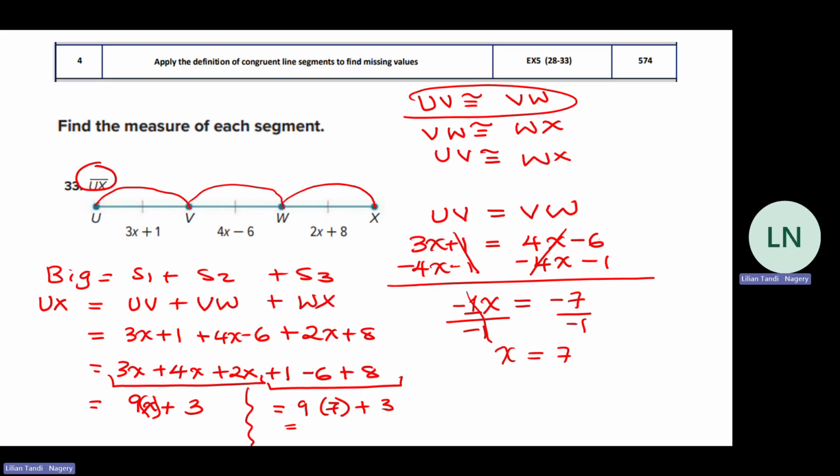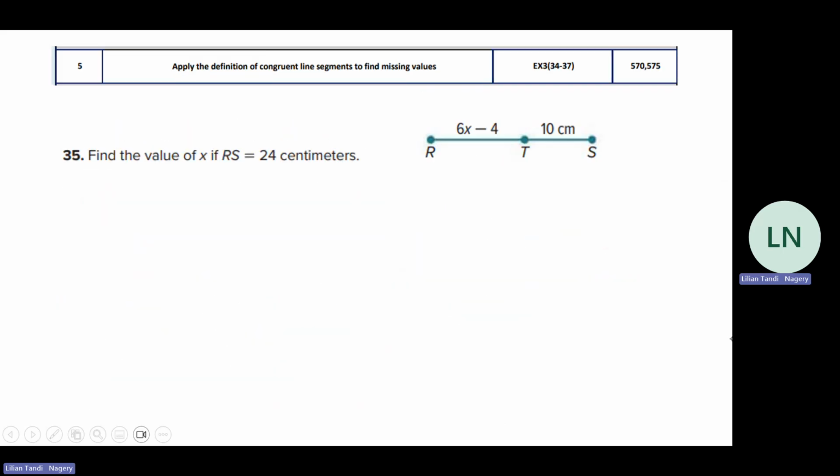Okay, 9 times 7 is 63, plus 3 should give me 66. So here, 9 times 7 is 63 plus 3. Then I should get 66. I don't have units, so I will put units here.